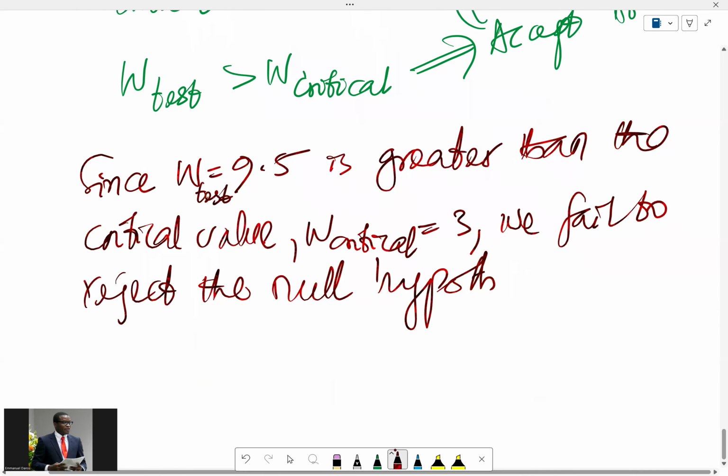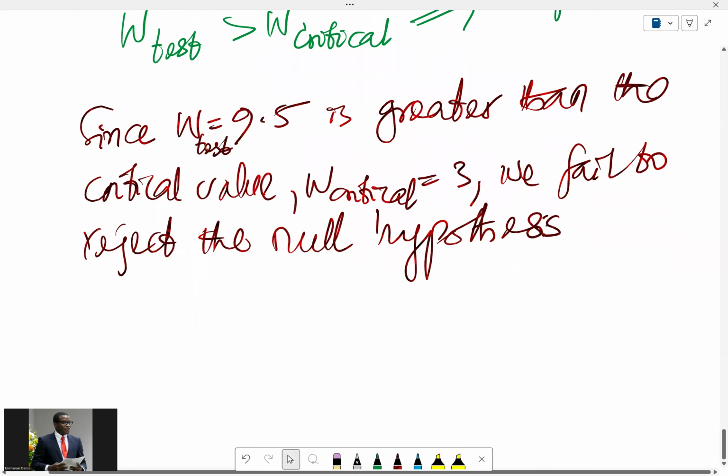That means we're accepting the null hypothesis that there's no significant difference between the two samples.